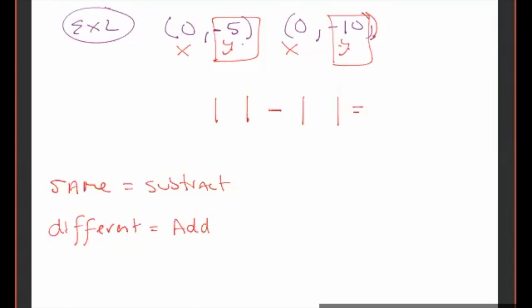Now, whenever you see a big number, you're always going to put the big number in front. So you're going to put -10 and -5, right? When they come out of the box, they come out positive. So it'll be 10 minus 5. 10 minus 5 is 5. So that means from this ordered pair to that ordered pair, they are 5 units apart.